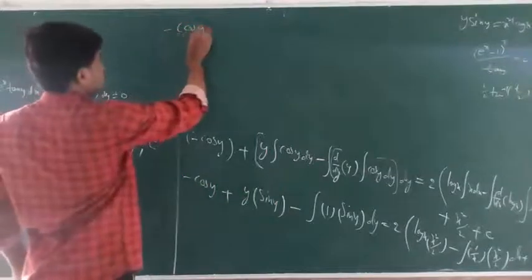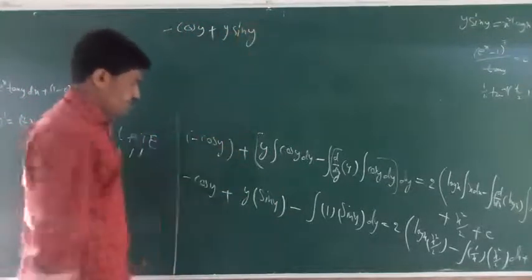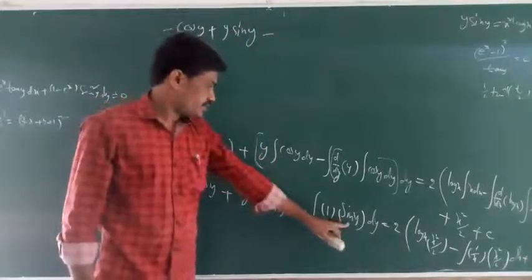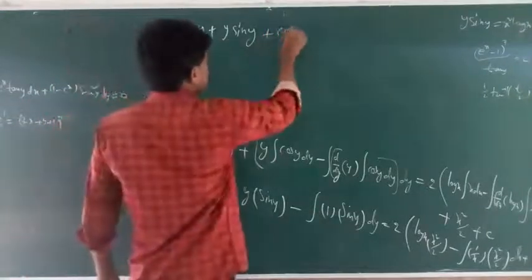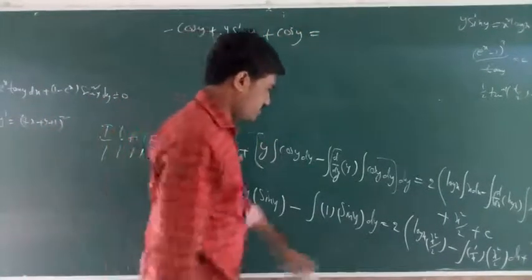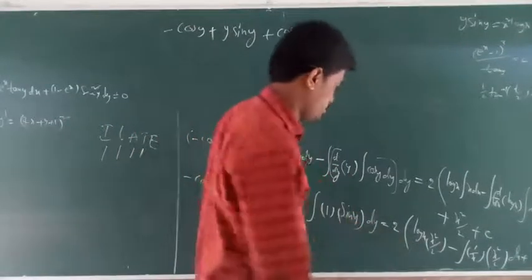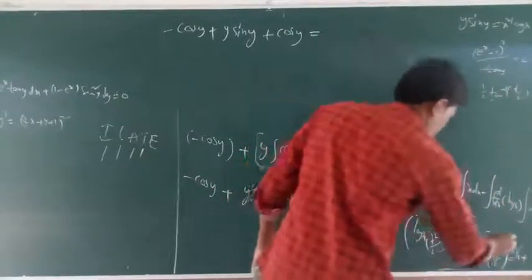So minus cos y plus y into sin y minus integration of sin y, which is minus cos, so minus minus plus cos y, is equal to. This is 2, inside 2 only this side.